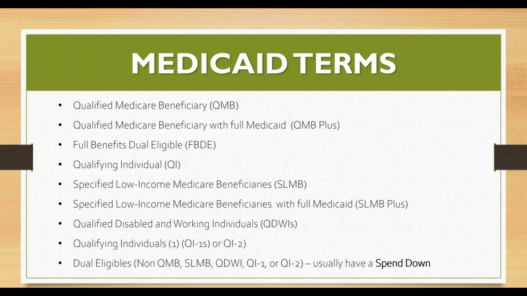Like I was saying, the qualified Medicare beneficiary has assets that are maybe just a little too high to qualify as a full dual eligible, but whose income is at or below 100% of the federal poverty line, and whose countable resources do not exceed $4,000.